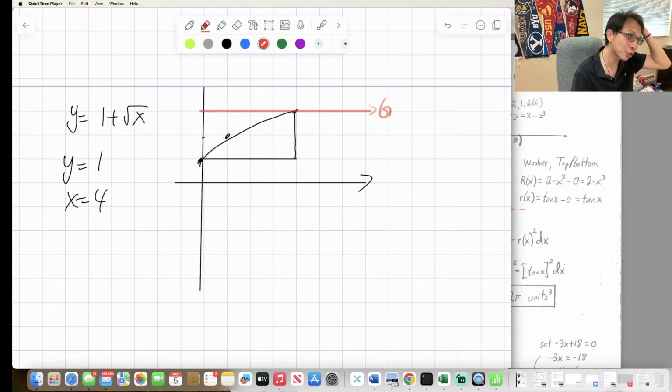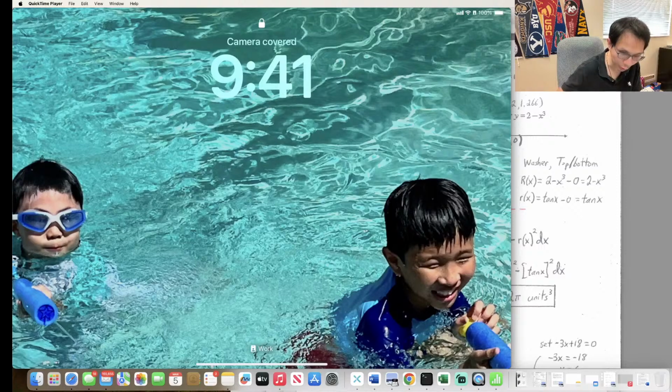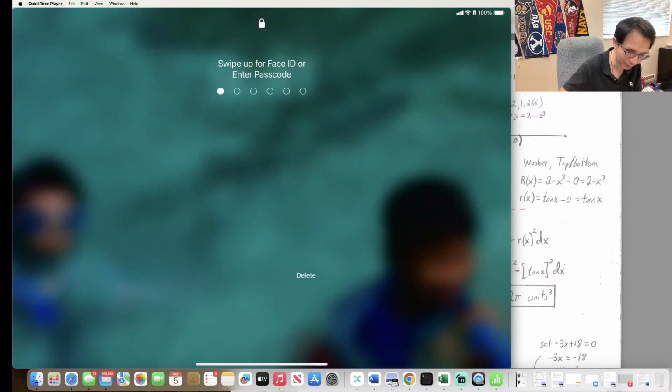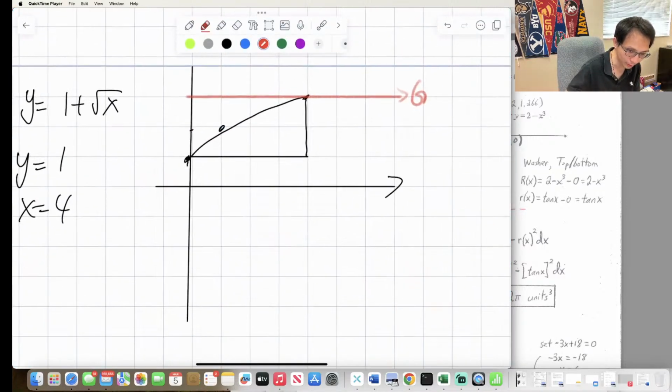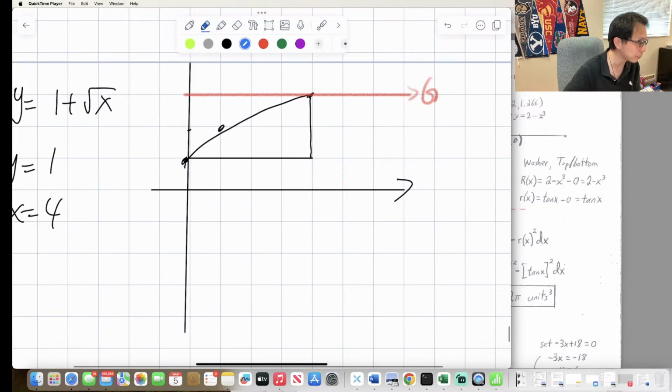All right, so Omar says this is dy, but this is actually dx. Dx is horizontal. Good. So you gotta read the notes when I'm trying to give you notes that you can follow. I even asked Ria to take a picture because I know nobody can read my handwriting.